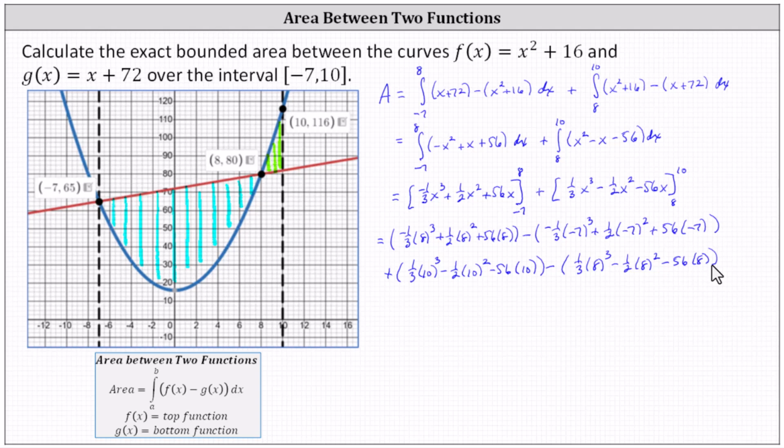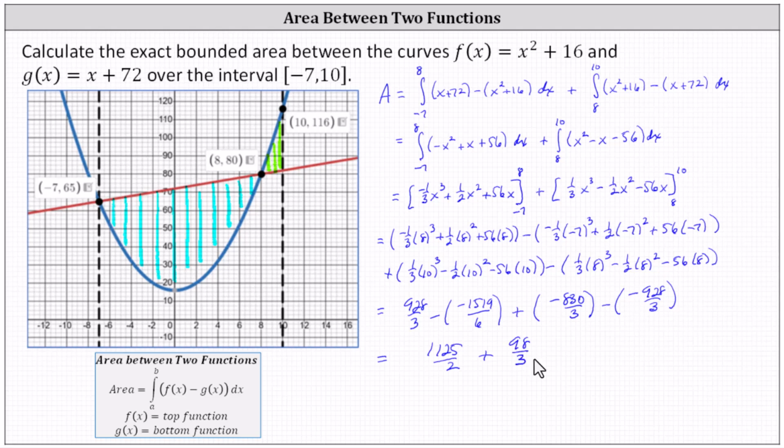To save some time, I've already evaluated this expression. This is equal to 928 divided by 3 minus negative 1,519 divided by 6 plus negative 830 divided by 3 minus negative 928 divided by 3, which gives us 1,125 divided by 2 for this first difference, and then plus the second difference is 98 divided by 3, and the final sum is equal to 3,571 divided by 6.